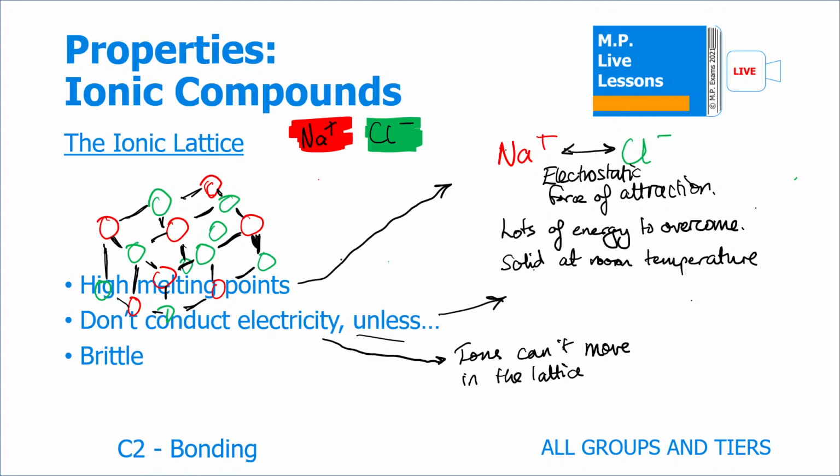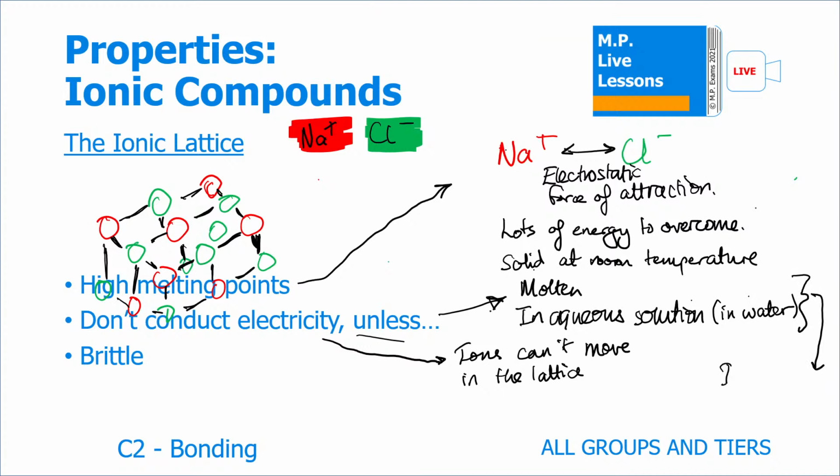However, they can conduct electricity when molten, so that's when they're melted and the ions are free to move, or in aqueous solution, so that's when it's dissolved in water. And for both of these, you can just say ions can move.